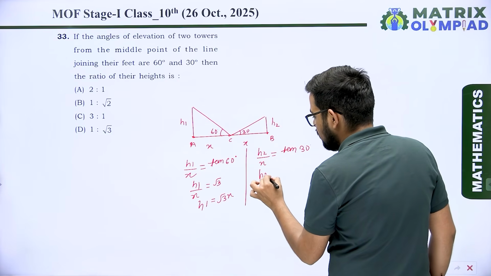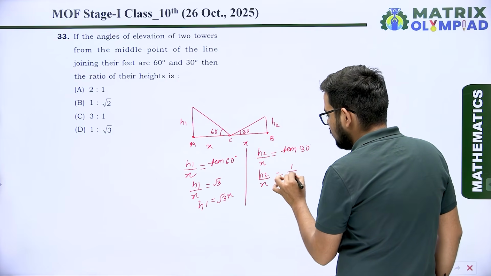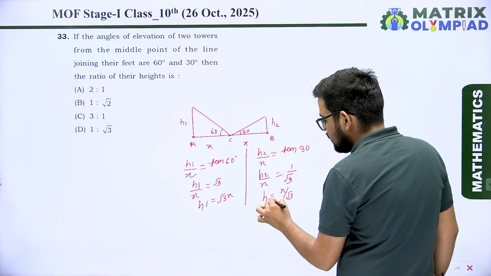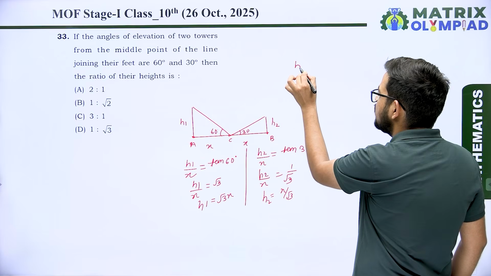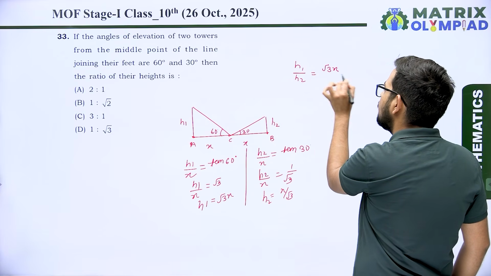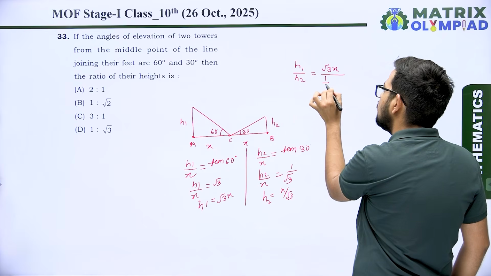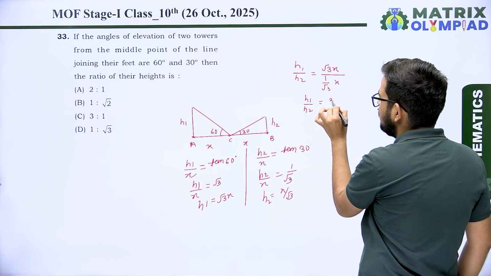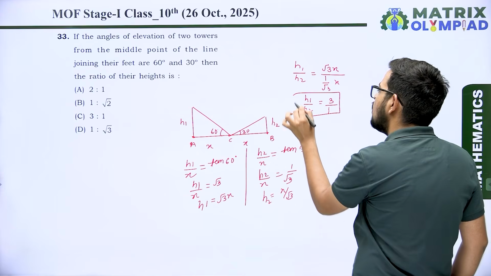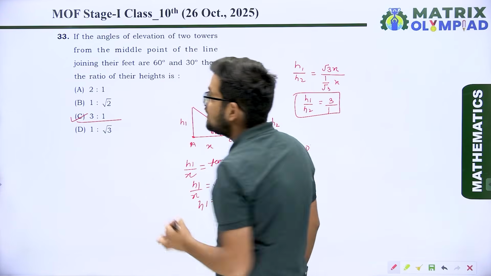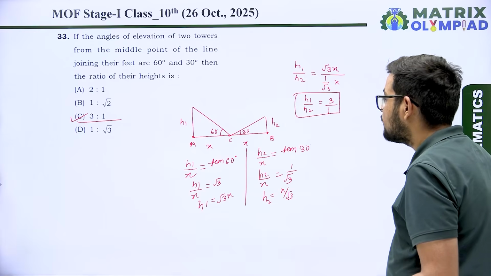So h2 upon x equals 1 upon root 3, h2 equals x upon root 3. So the ratio of h1 and h2 equals root 3 x upon x upon root 3. So h1 upon h2 equals 3 upon 1. So the ratio of h1 and h2 is 3:1. Option C will be the correct answer.